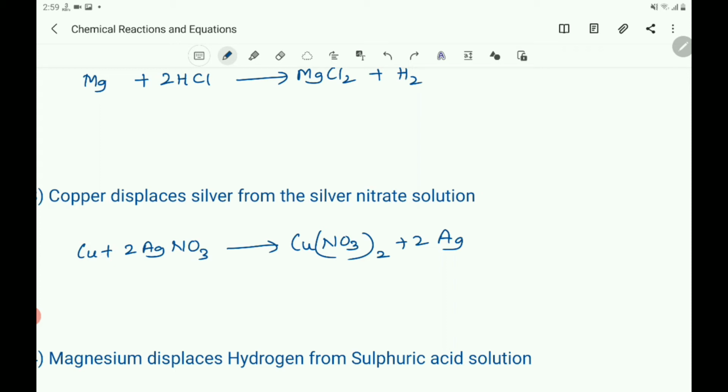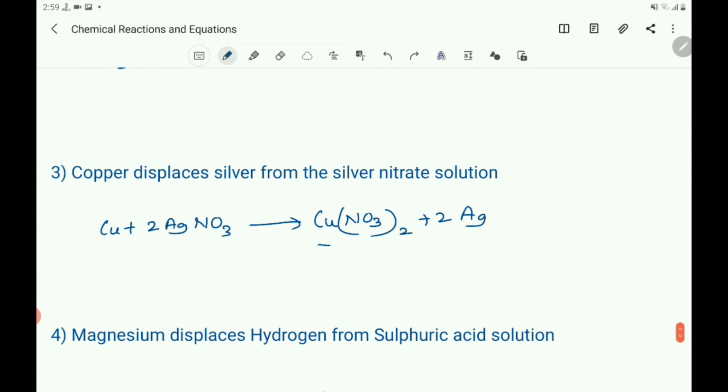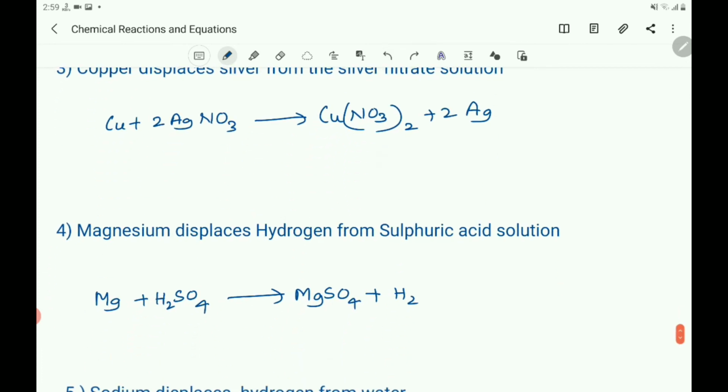The balanced equation is here, Cu plus 2AgNO3 gives Cu(NO3)2 plus 2Ag. That is the chemical equation.